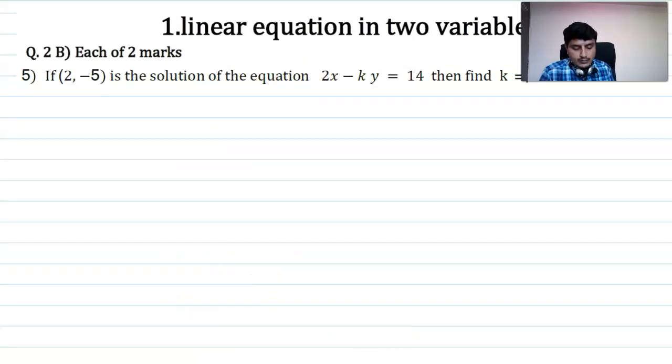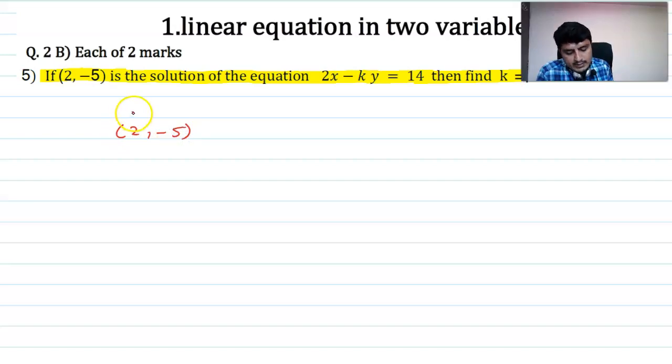Now look at the fifth question. We have 2, minus 5 is the solution of the equation 2x minus ky equals 14. Then find the value of k. Once 2 comma minus 5 is the solution of the given equation, that means x equals 2 and y equals minus 5 should satisfy the given equation.